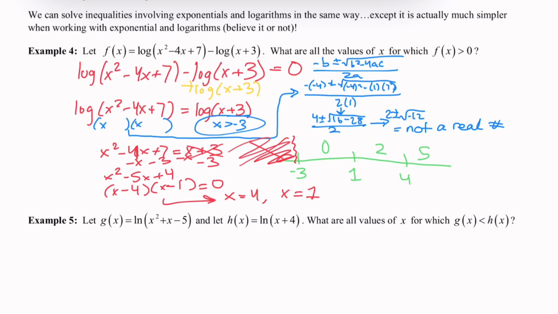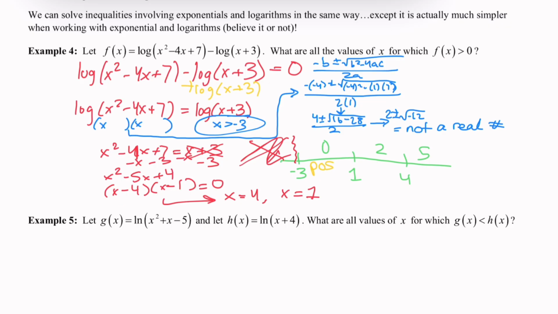And so when we plug these numbers, we want to plug them back into this equation right here, see what they get. So if we do 0, 0 minus 4 is negative 4 times 0 minus 1, that's negative 1. So that gives us a positive. So I'm going to write positive.